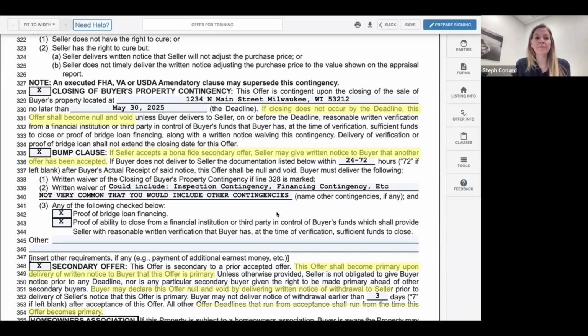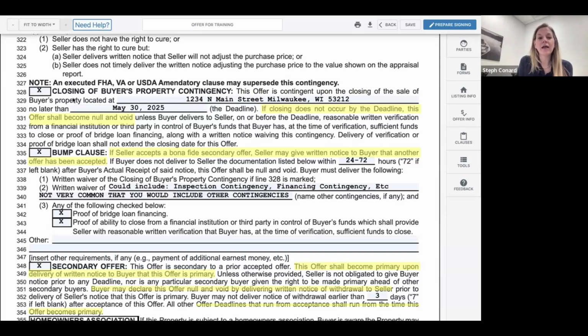So a bump clause is not very common, but they are commonly used in conjunction with home close contingencies. This closing of the buyer's property contingency, which I'm also referring to as a home close contingency. A lot of times a bump clause is also included to help protect the seller.